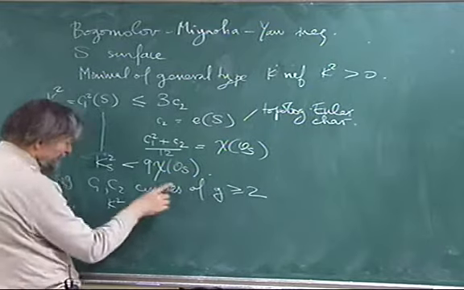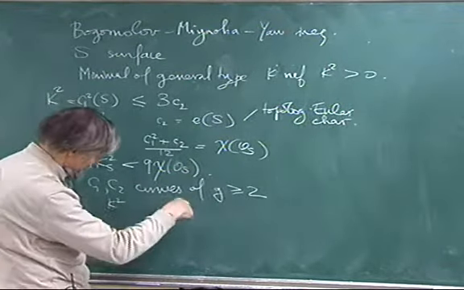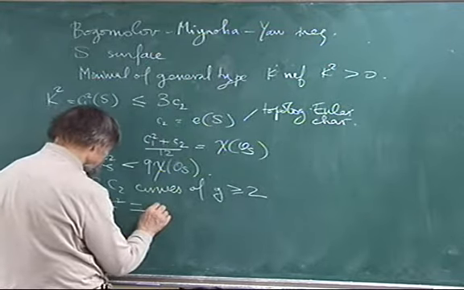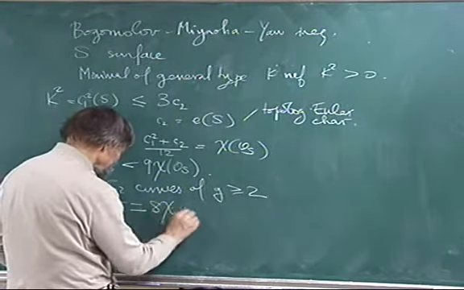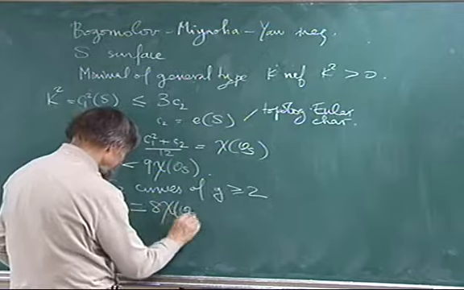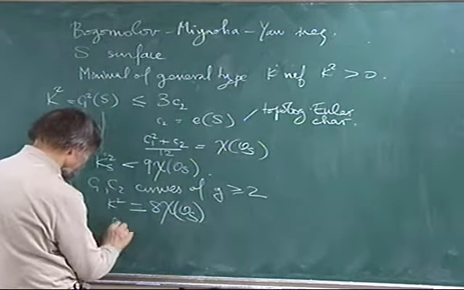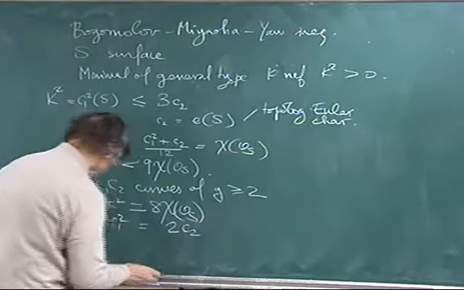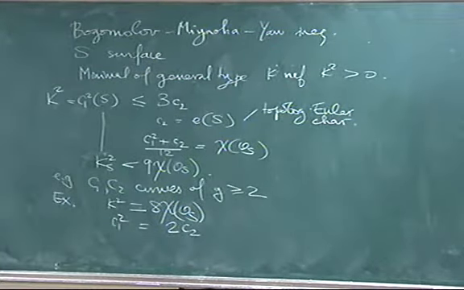And you can also calculate the Euler characteristic. Anyway, you'll find that this is equal to 8 chi of OX. So this corresponds to C1 squared equals 2C2. If you just want to see some examples up to 2C2, it's not so very difficult.